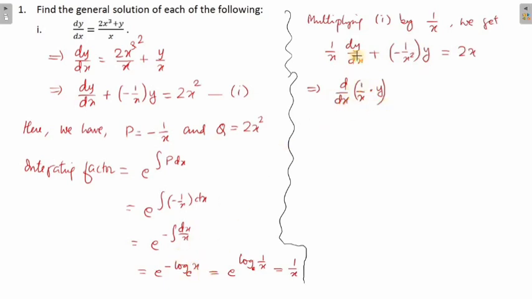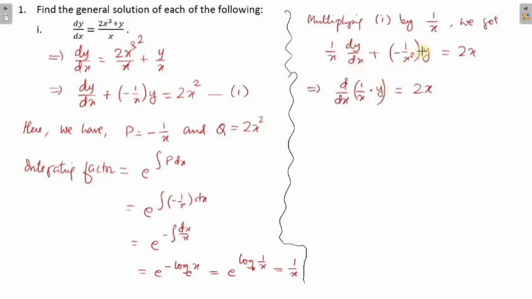When you multiply both sides by the integrating factor, you can express the left hand side in the form of the derivative of u into v. So this is equals to, we have 2x out here. Now see here carefully. Suppose you call this u and this v, then keep 1 by x as it is, differentiate y, so you get dy by dx.